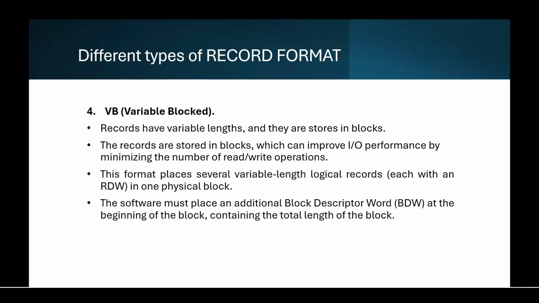The software must place an additional block descriptor word, which is the BDW, at the beginning of the block containing the length of the block. So in variable block, we also have another concept, the block descriptor word at the beginning of the block. So we will be having that BDW, and after that we will be having the RDW, and after that we will be having our record length.